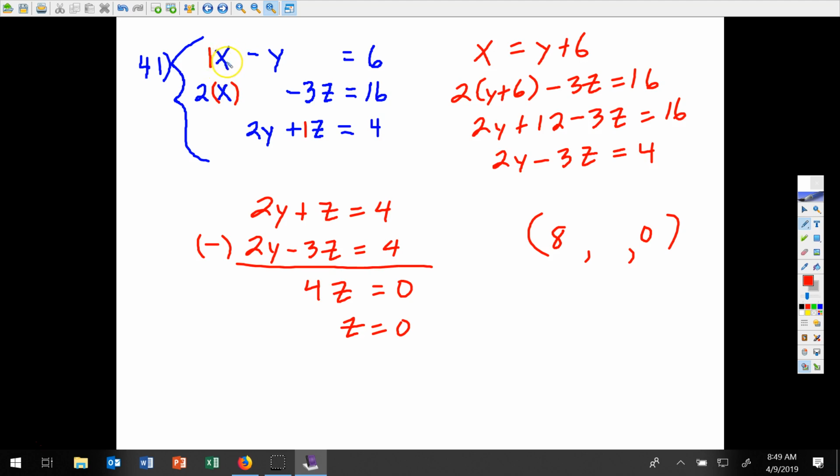And what does that make y? If x is 8, you subtract 8 from both sides. Yeah, negative y is negative 2, so positive y would be positive 2.